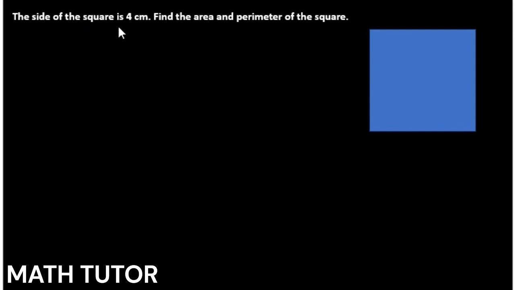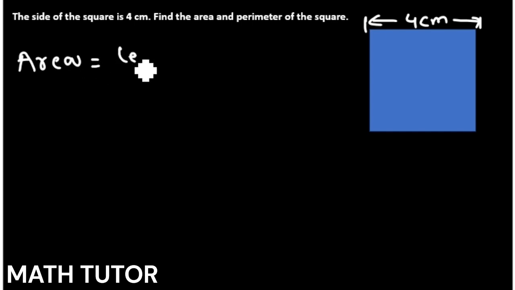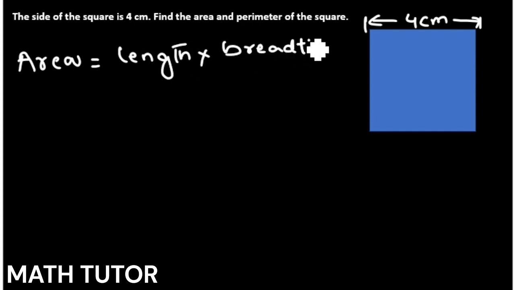The side of the square is 4 centimeters. Find the area and perimeter of the square. So here the length of the side of the square is 4 centimeters. Now we have to calculate the area and the perimeter. Since we know the area formula for the square, area equals length into breadth, that equals length 4 centimeters.